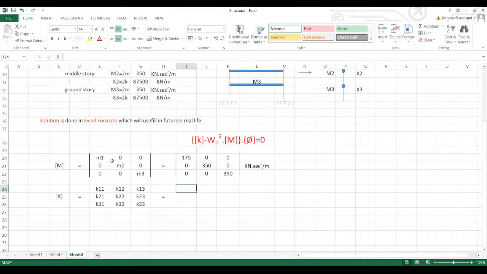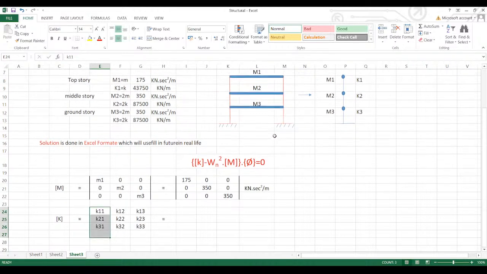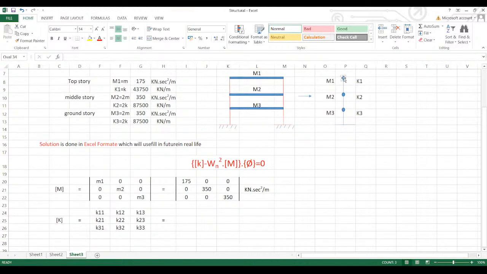Similar to M11, M22, they are matrix orders. What does it mean? K1, K2, K3 and the indices 1, 2, 3 show the position.